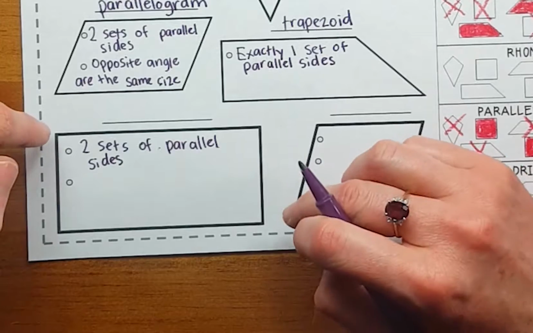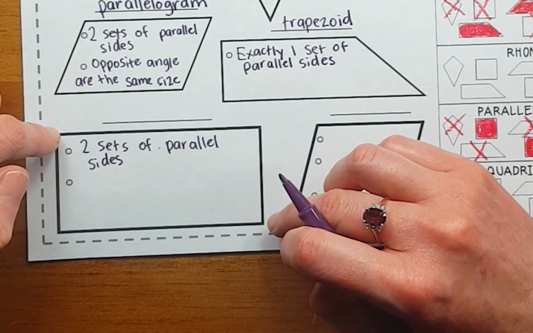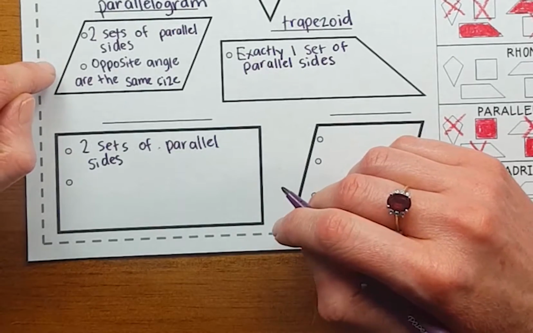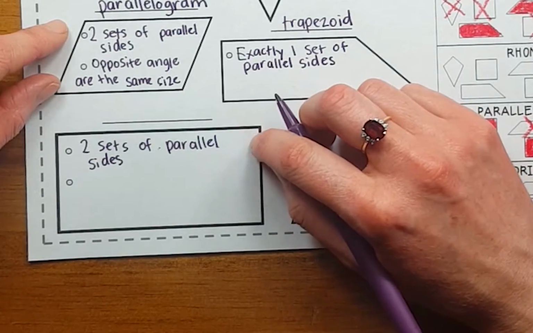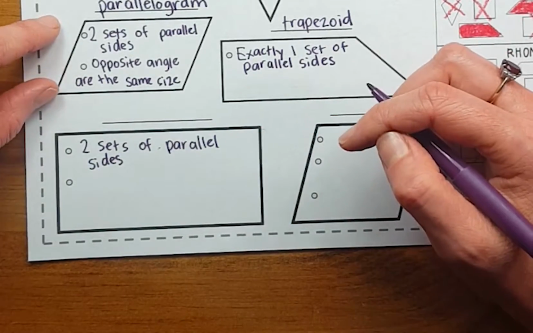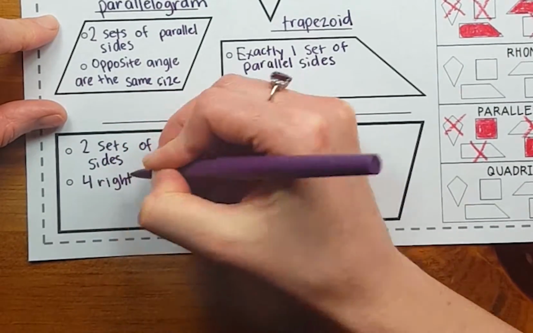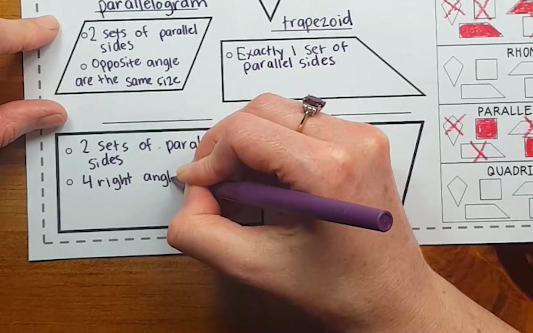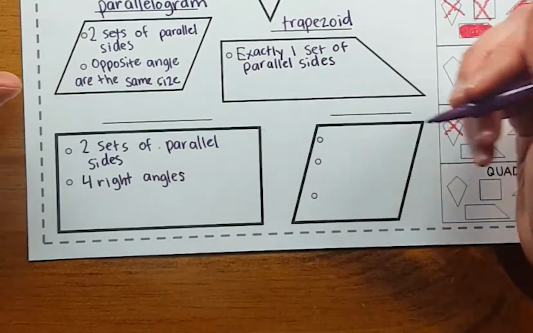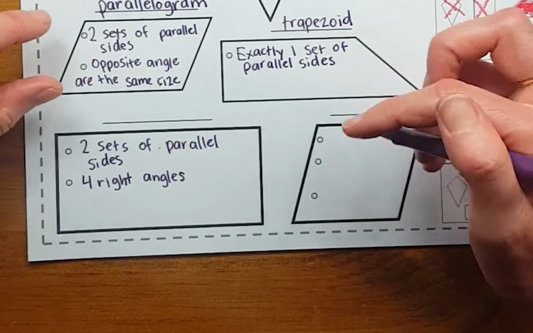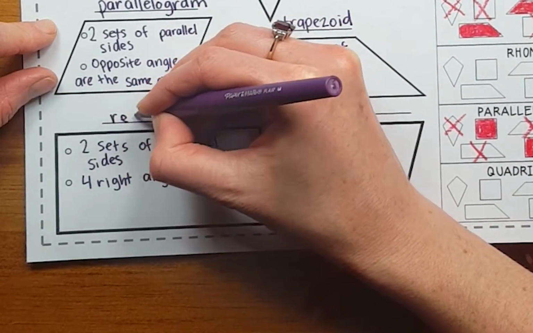Okay, I can also see that it has four corners or angles, and they're all right angles because a little square could fit perfectly in the corner. So this shape has four right angles. When we're talking about a shape that has two sets of parallel sides and four right angles, we're talking about a rectangle.